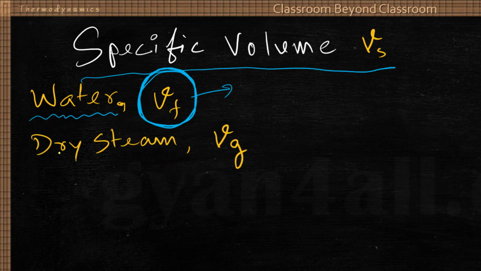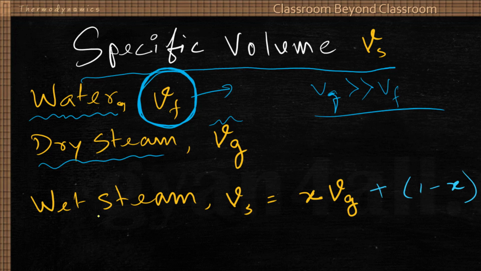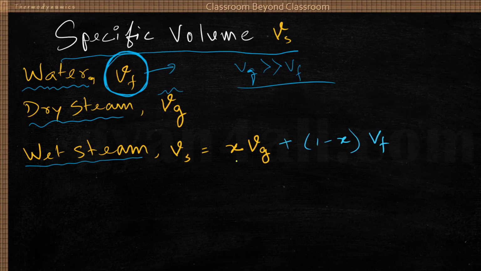Then for dry steam, what is the specific volume? We said Vg, and we also said Vg is much greater than Vf. Now, if it is wet steam, then the volume is x into Vg plus (1 minus x) Vf.